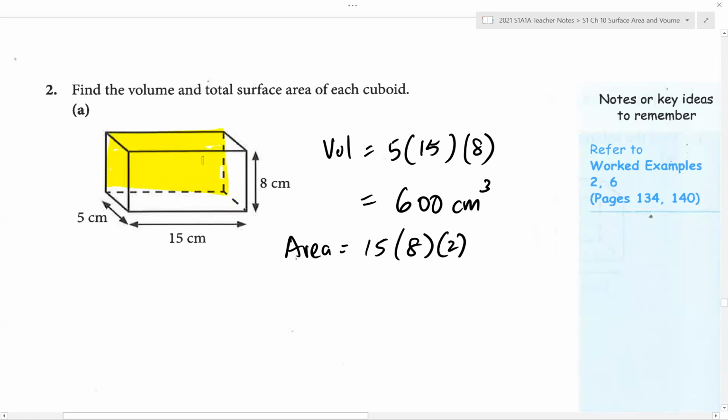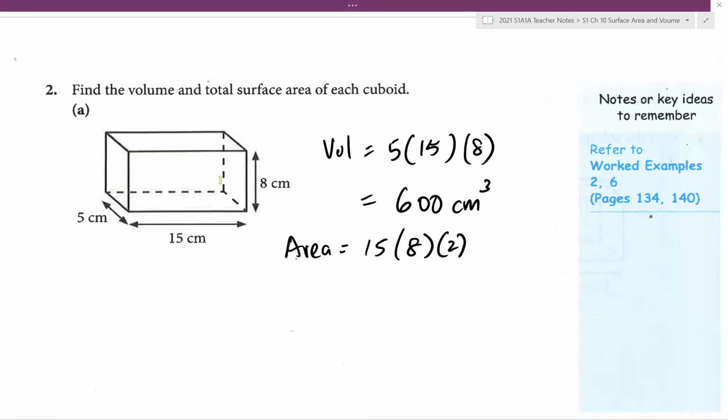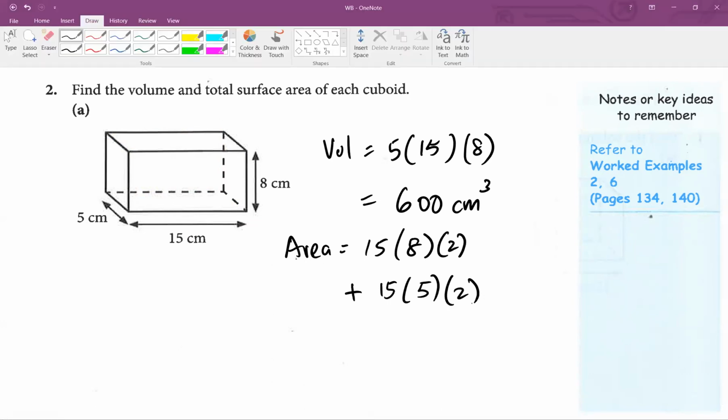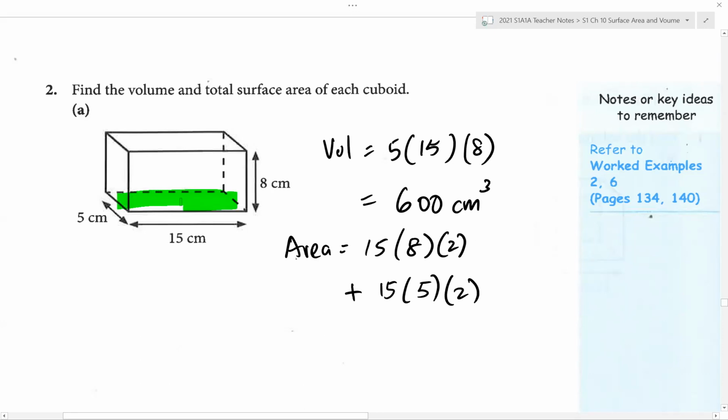But that's not the total surface area. So what else do we need to add, Zanis? Plus 15 times 5, then times 2. The second part, 15 times 5, refers to the bottom and the top. But that's not all. What else is missing?